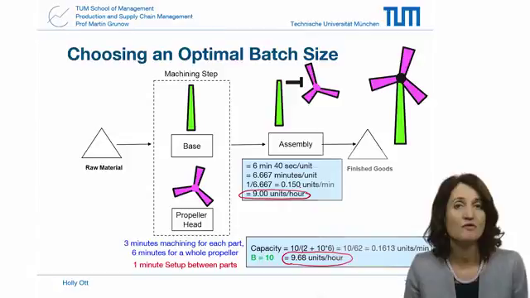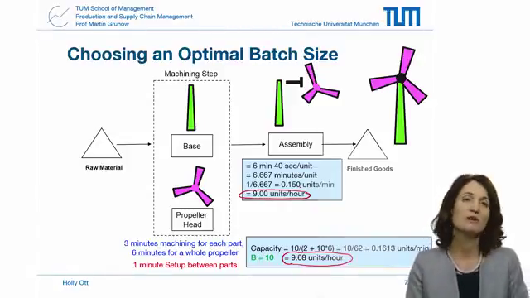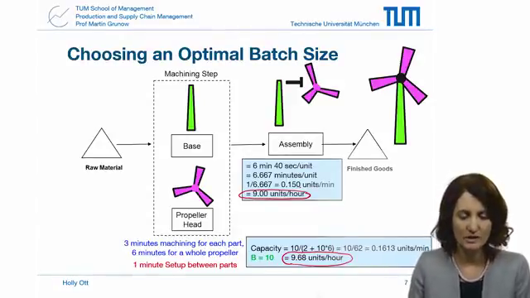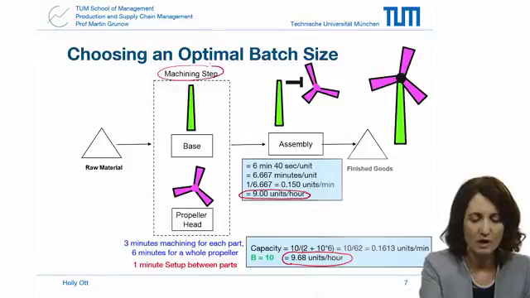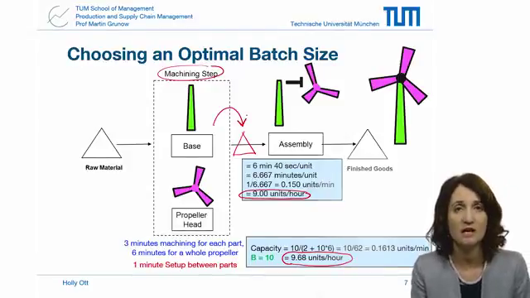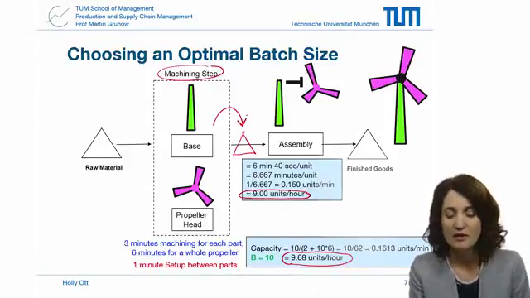Assembly cannot work as fast as the machining tool with this batch size. And this is the important part for our course: the inventory of this machining step will start to build up. A little buffer in there. These bases and propeller heads will start filling up in our system. They're not able to be processed quickly enough. So here we see one of our wastes.